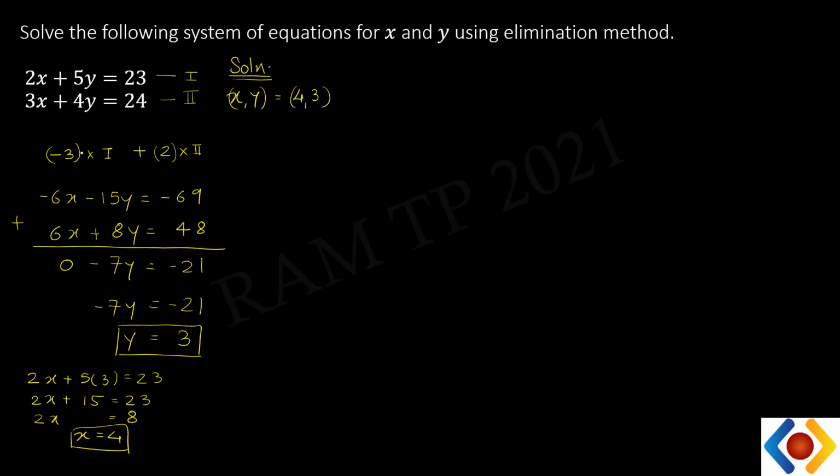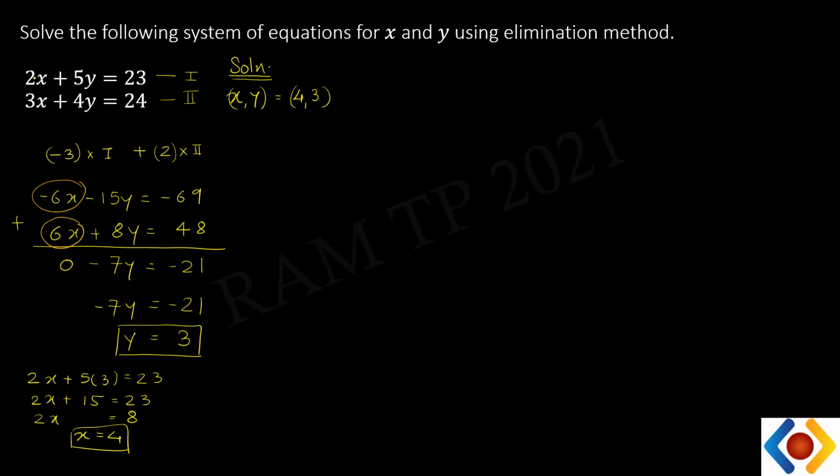See, my objective was to eliminate x. How can I eliminate x? If I have terms with x having the same coefficient but with different signs. So my objective was to have -6x and 6x, so that when I add them it becomes 0 and x is eliminated and I just get an equation in terms of y.